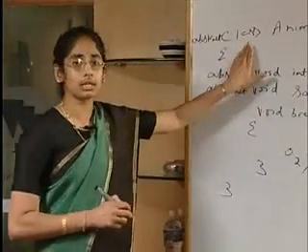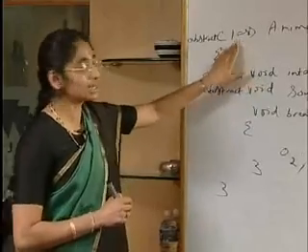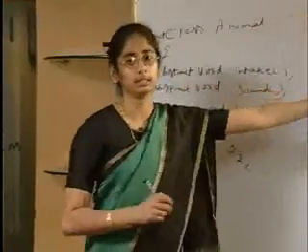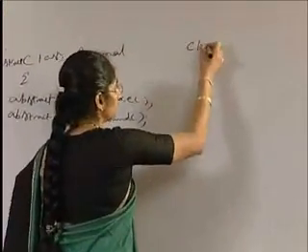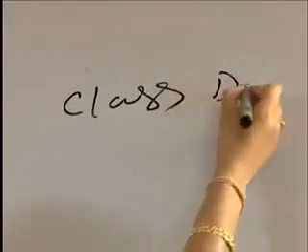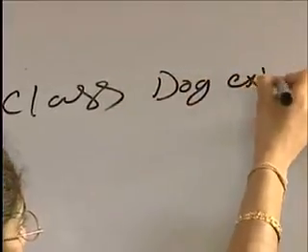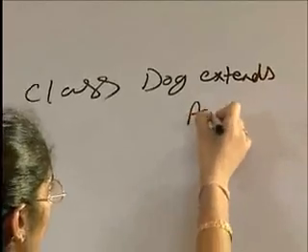Since we cannot use an abstract class by itself, abstract classes must always be derived. That is, you must have a subclass for an abstract class. So let's say class dog extends animal.